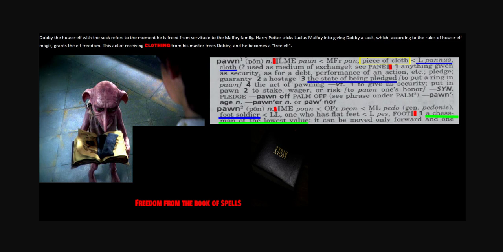Okay, clothing. So when Dobby received a piece of clothing, which we see here is a sock, right? But now you gotta think about it. Why is it in a book? What is the connection now between this sign or symbol or act of releasing this so-called slave, right, with the book?